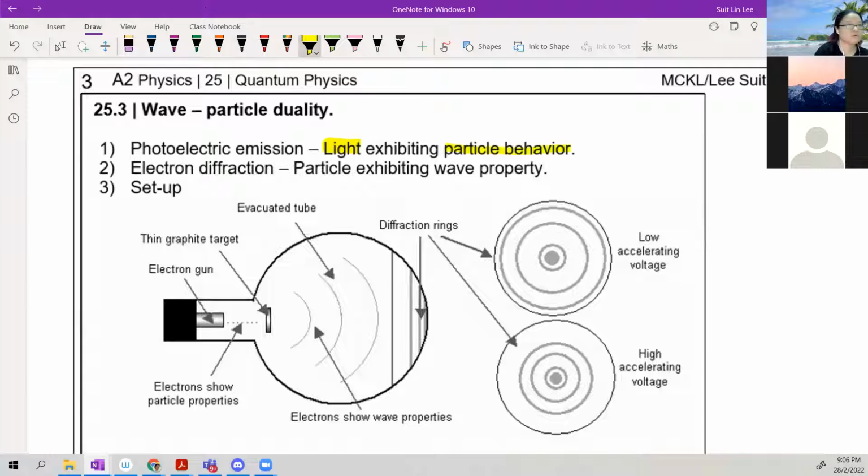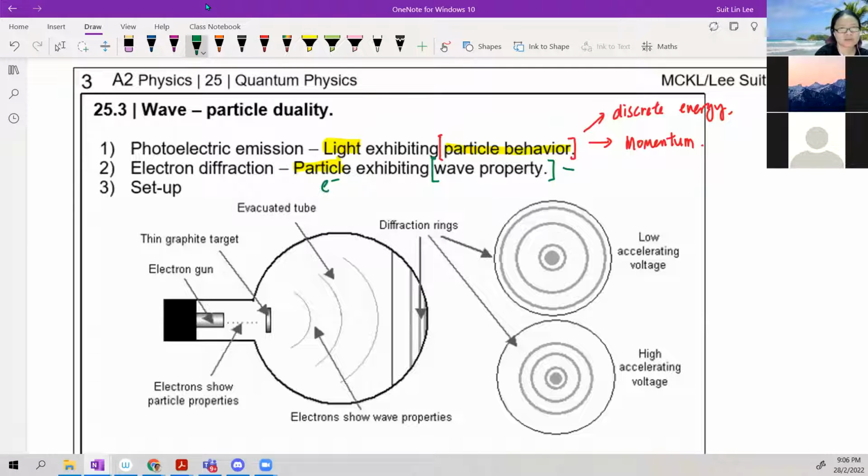All right. So in the last class, we talked about the photoelectric effect, which is light behaving like particle. So particle behavior means that the light has something like quantized or discrete energy, and we can also say it has momentum. Interesting. Okay. And today we're going to look at this experiment called the electron diffraction, where we have particle, which is your electron, exhibiting wave property.